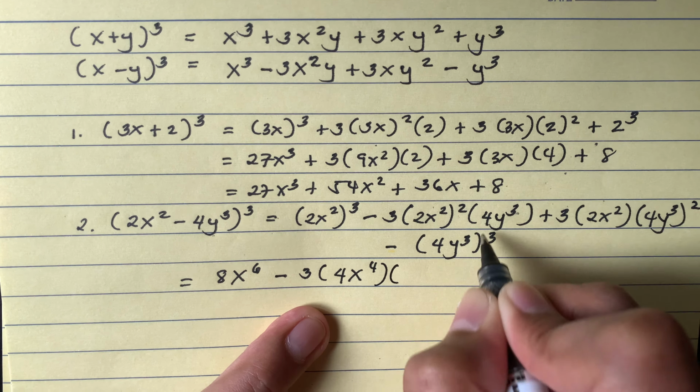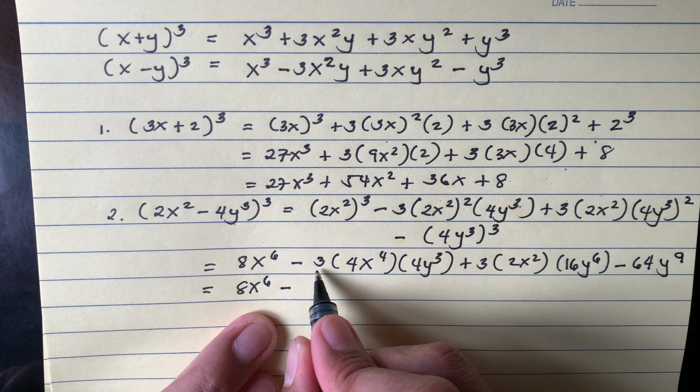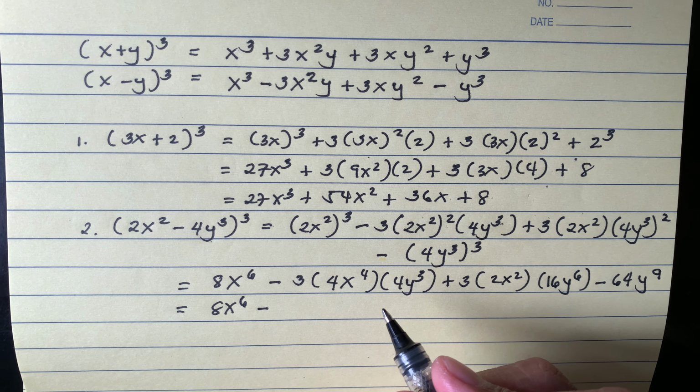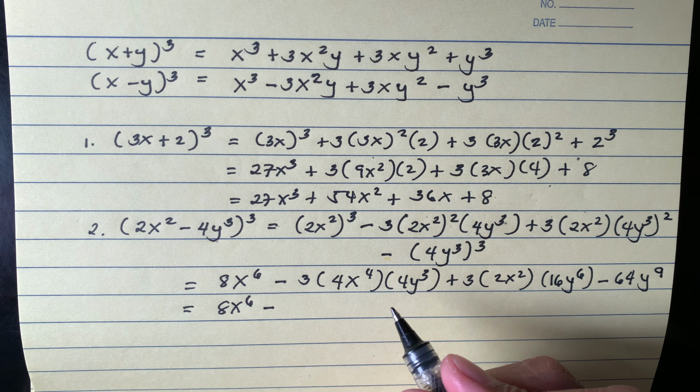So let us simplify now. We have 8x raised to the power of 6 minus 3 times 4, that is equal to 12, correct? Then 12 times 4, that is equal to 48. 48, x to the power of 4 times y cubed, just copy. You cannot combine the exponents because we have two different bases. So x to the power of 4 y cubed. Then plus, how about this?